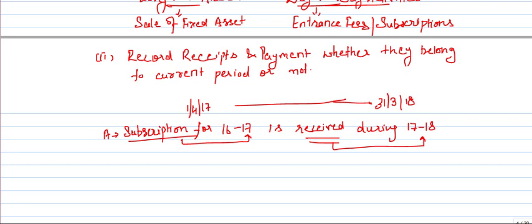If anyone pays you the advance subscription, that will also be recorded. That's why I'm using the words whatever is coming in your pocket in the current period, that will be recorded in the receipts and payments account. Clear? Right?